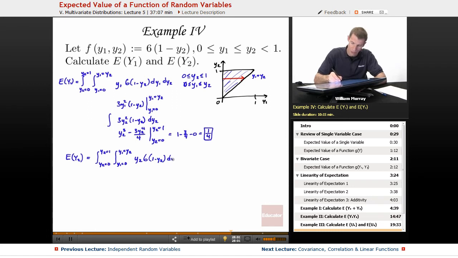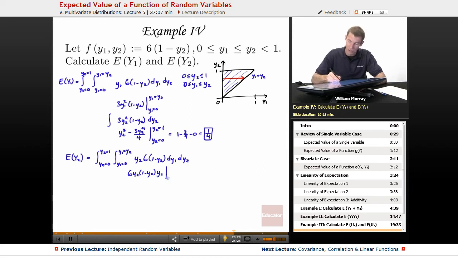Now dy1 and dy2. So still going to do the inside integral, but since I'm integrating with respect to y1, all the variables here are in terms of y2, so I'm integrating just a huge constant. So it's 6y2 times 1 minus y2. That's all a constant, just times y1.